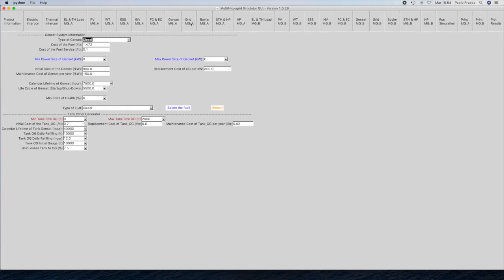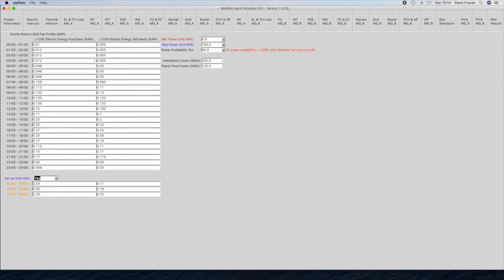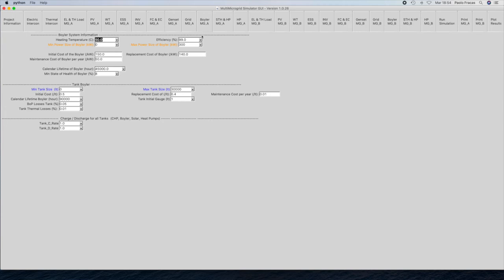And then we move to the grid, where we can set up the hourly cost of energy that is sold and sold back to the grid. If there are grid outages, we can set them up here, in addition to the size of the grid to consider. Then we move to set up a thermal distributed energy source, starting from the electric boilers, with information regarding the size and the cost and its associated tanks.